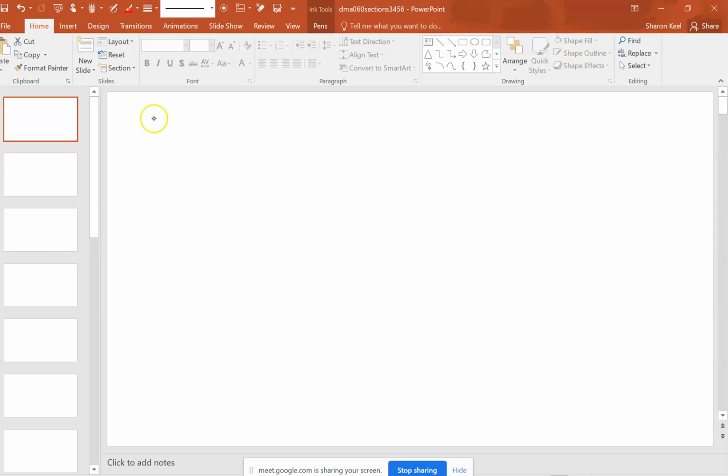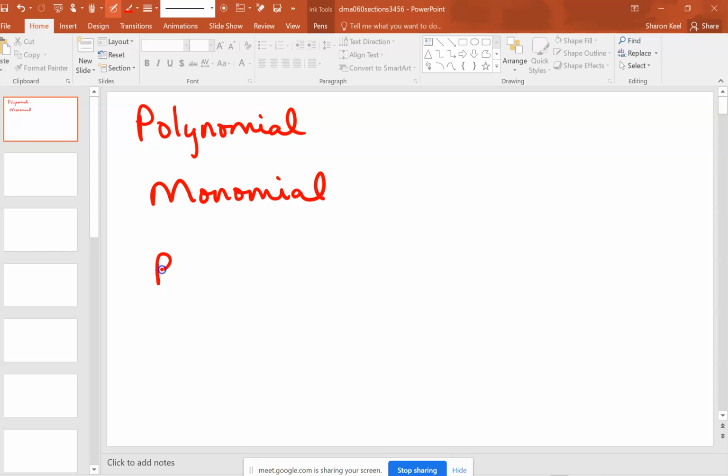When we have polynomials, we have special names for some of them. The three terms that I'm going to look at are monomial, binomial, and trinomial.